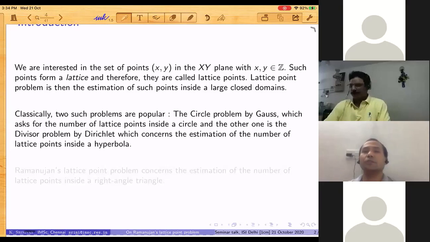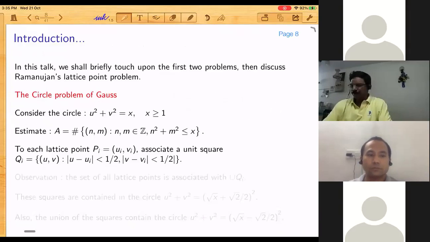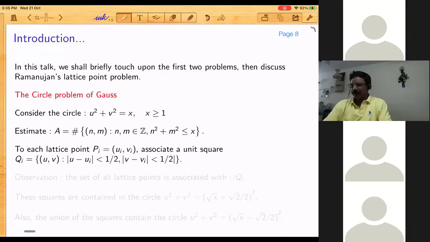And what is Ramanujan's lattice point problem? This concerns estimation of the number of lattice points inside a right angle triangle. What we are going to do in this talk is touch upon the circle problem and the Dirichlet divisor problem, and then we shall discuss in a little more detail the problem of Ramanujan.